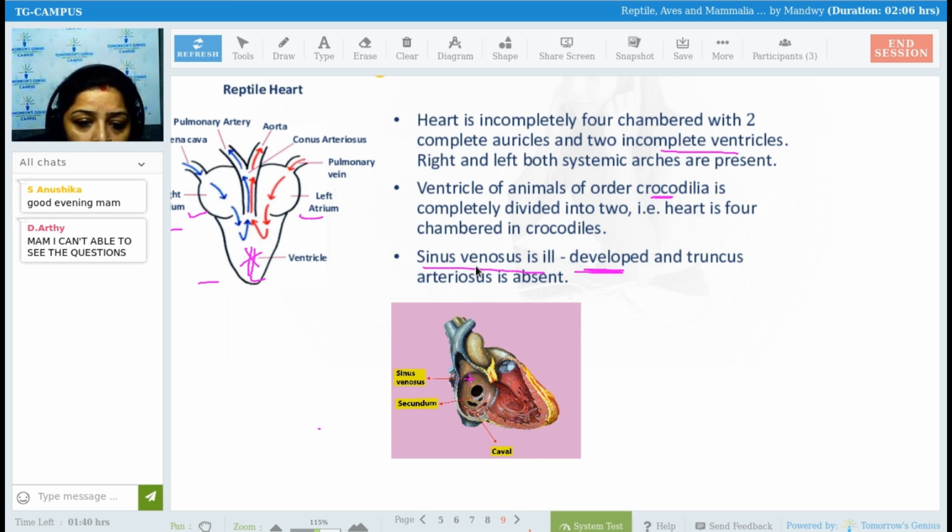Above the atrium, there is a cavity-like structure which is called sinus venosus. In lower organisms like Pisces, the sinus venosus is well developed, but as we move towards higher animals, towards mammals, the sinus venosus slowly gets reduced, and hence in the reptile it is written as ill developed, meaning a reduced form is there.